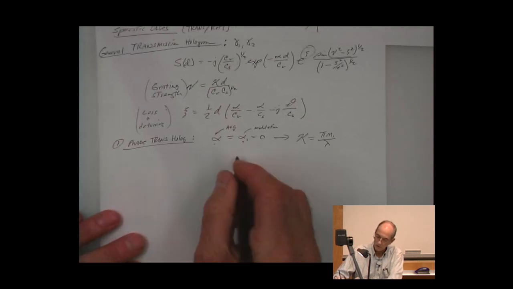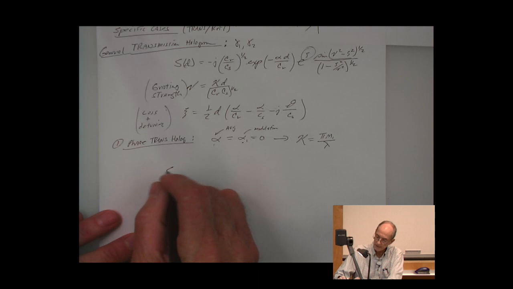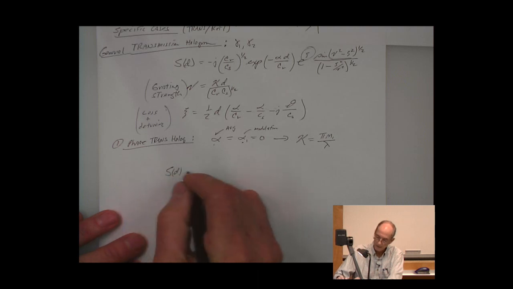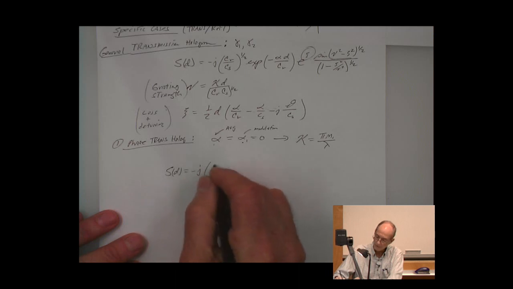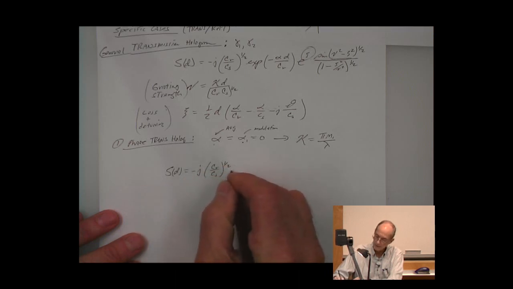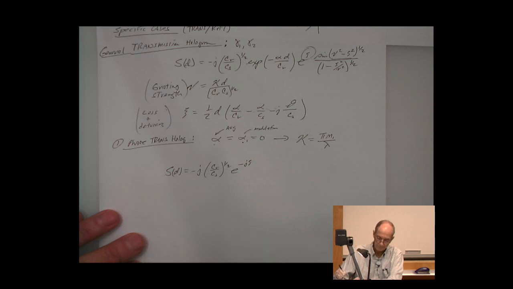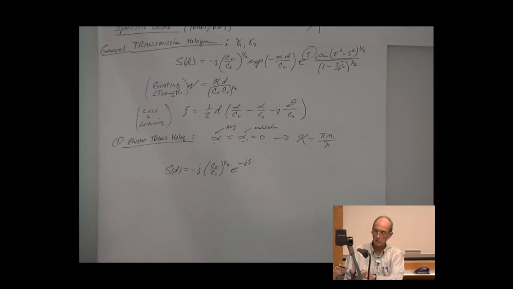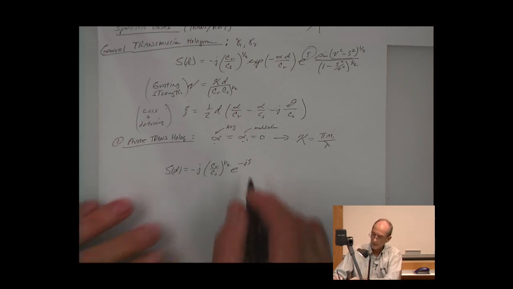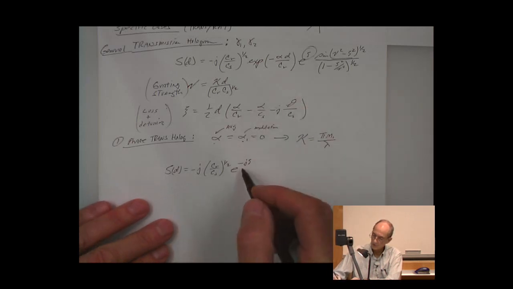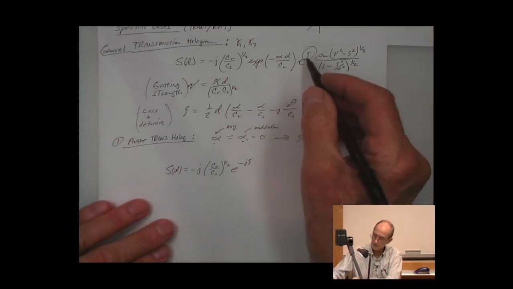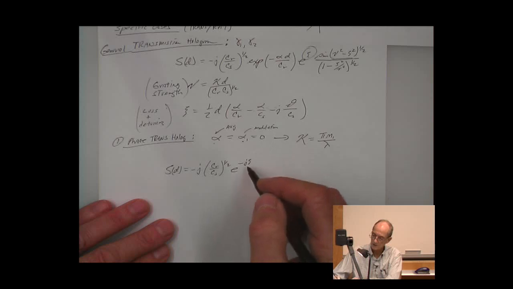And so plugging those in, we end up with S of D again is just equal to minus j, C sub R over C sub S. So that part didn't change. e to the minus j chi. Now, I'm following Kogelnik's notation here. Those of you very sharp here are seeing that this was chi, and now we have a minus j in there.